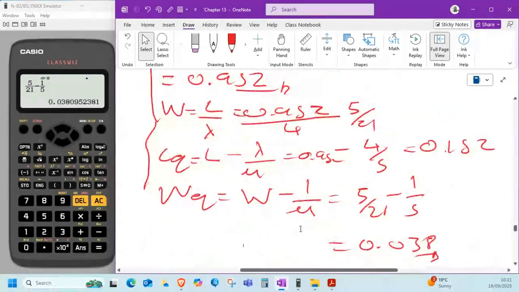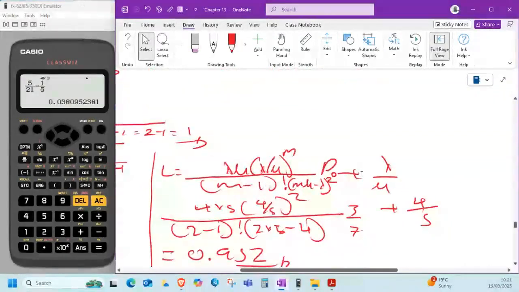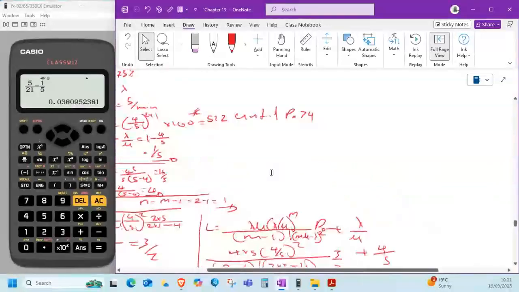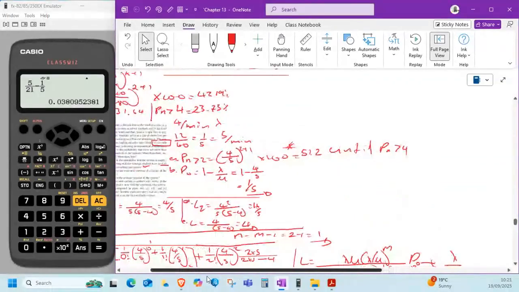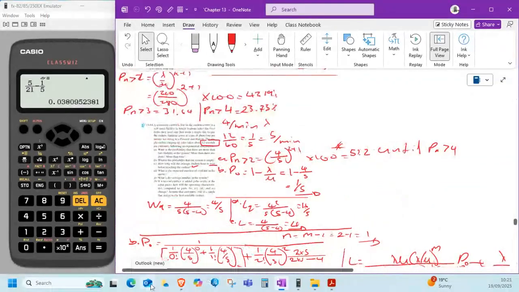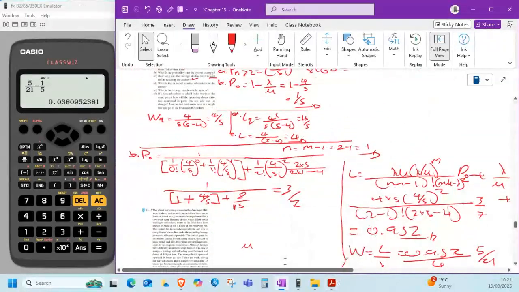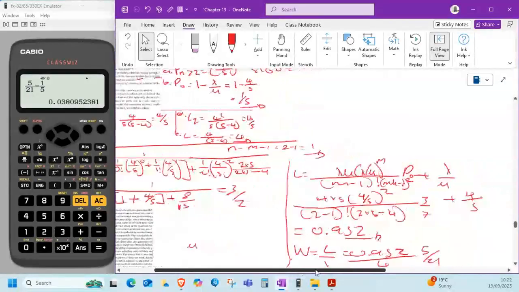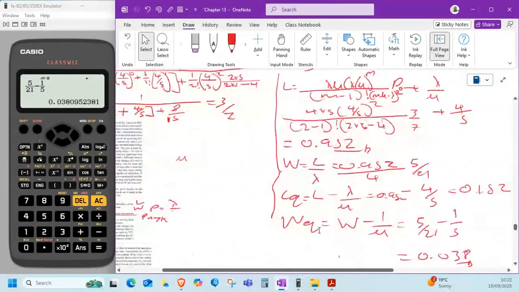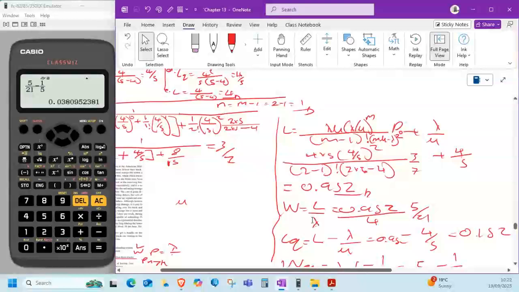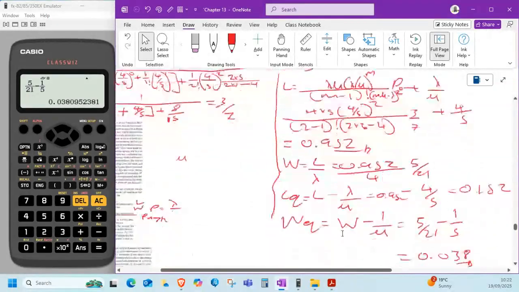But then only for the final answer. Like this one. Remember this one, you're looking for what first? You're looking for P0. From the P0, you take it all the way to WQ. So you start there at P0. In my case, you can also combine the formulas. As you can see, we are looking for WQ again.